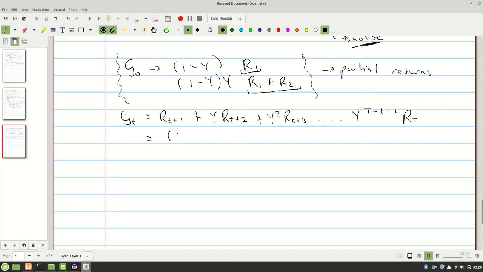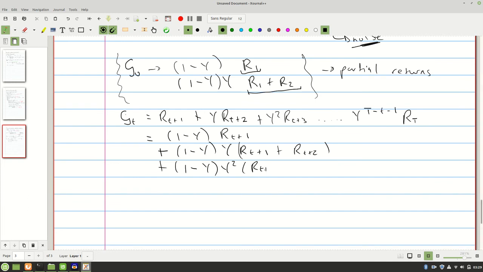So we can write this as 1 minus gamma times RT plus 1, plus 1 minus gamma times gamma times RT plus 1 plus RT plus 2, plus 1 minus gamma squared times RT plus 1 plus RT plus 2 plus RT plus 3, all the way up to 1 minus gamma, and then we have gamma to the T minus 2 just before the final time step.